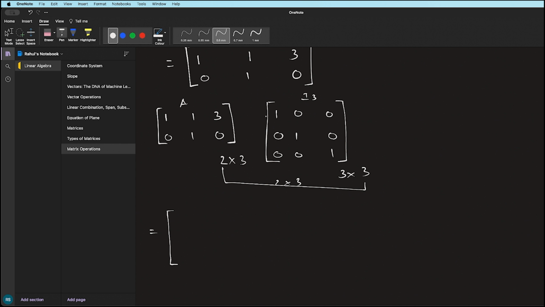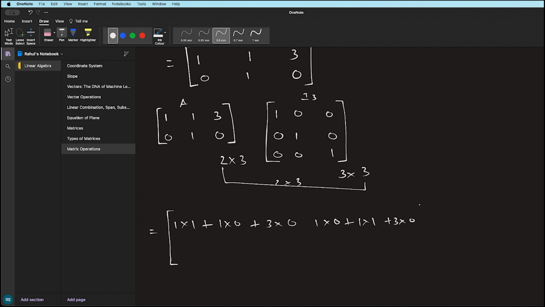So let us figure it out. Multiplying, 1 multiplied by 1 plus 1 multiplied by 0 plus 3 multiplied by 0. Similarly, 1 multiplied by 0 plus 1 multiplied by 1 plus 3 multiplied by 0.